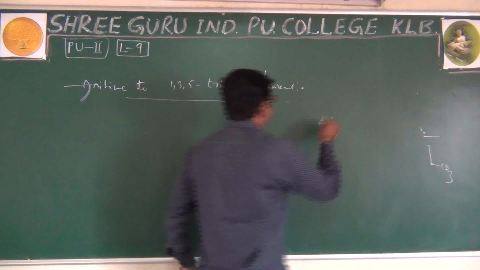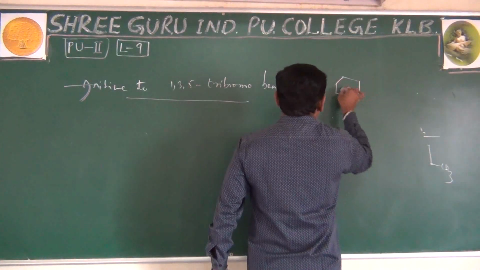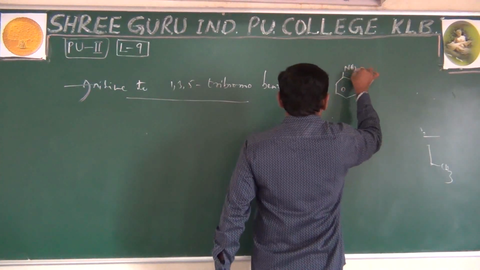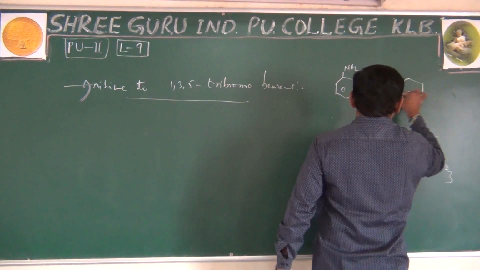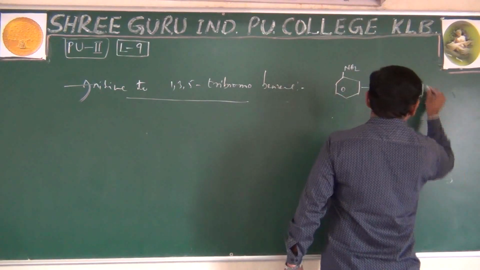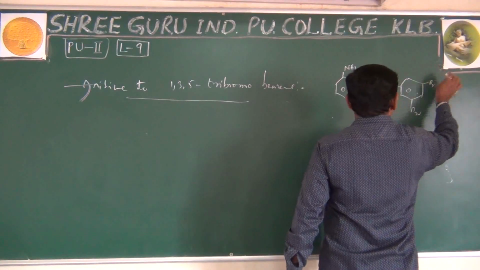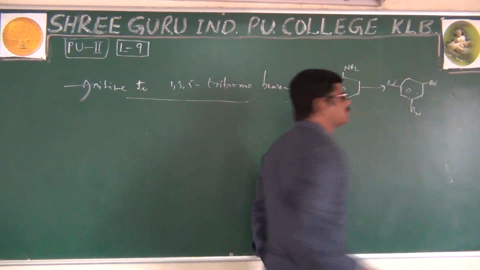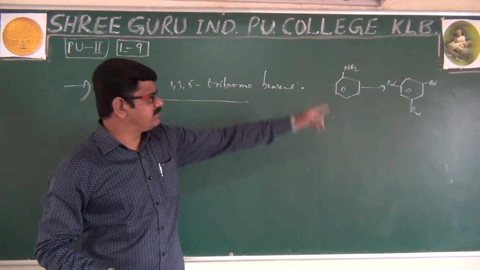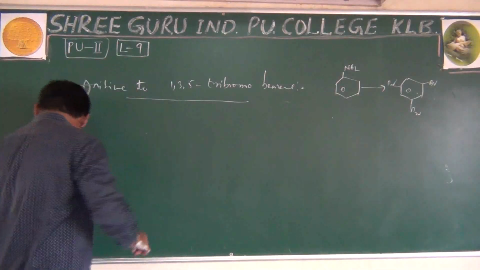We will write it like this. It is aniline, and it should be converted to 1,3,5-tribromobenzene. Suppose this is position 1, this is the 3 position, and this is the 5 position. We have to get 1,3,5-tribromobenzene. Let's see what happens.